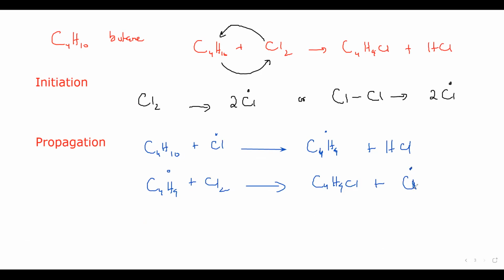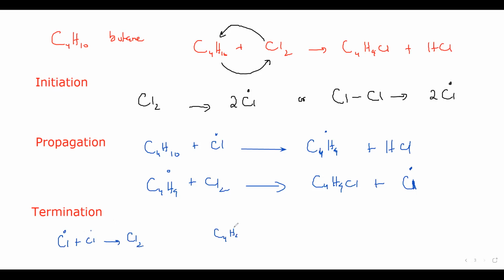So chlorine radical is produced again. And the last one is termination. How does the reaction stop, how does the reaction terminate? When a chlorine radical joins with a chlorine radical, it will form a chlorine molecule.